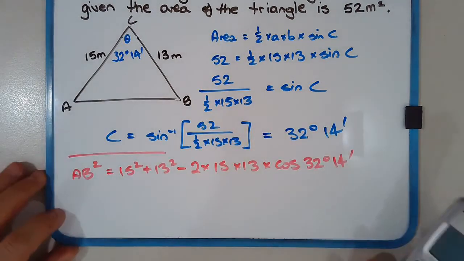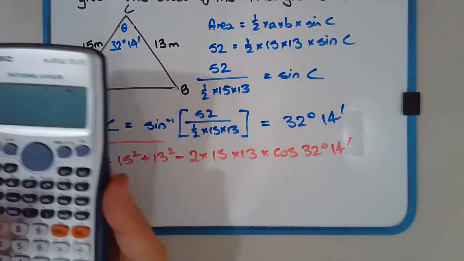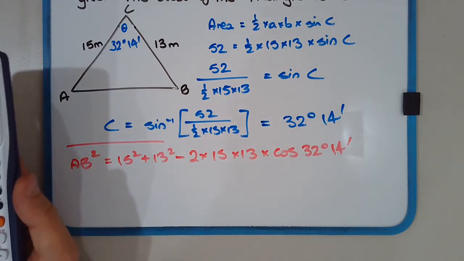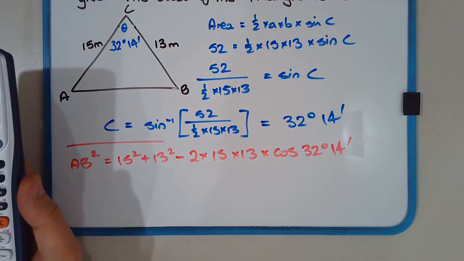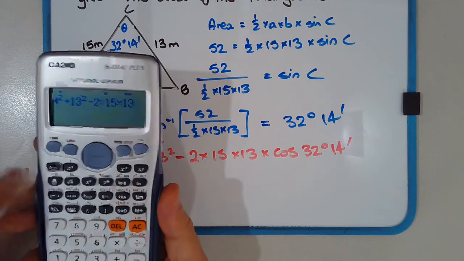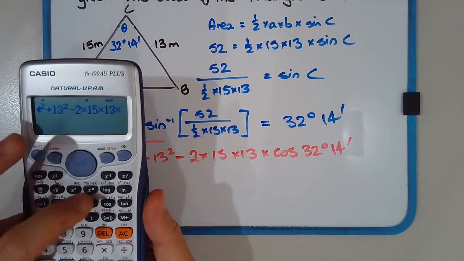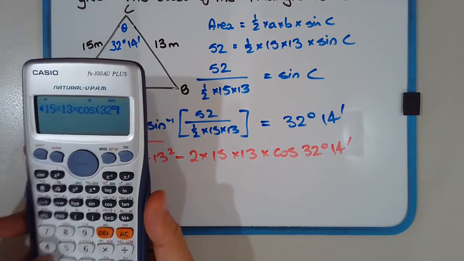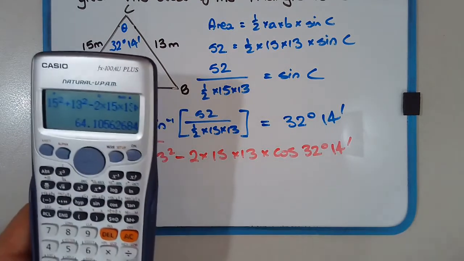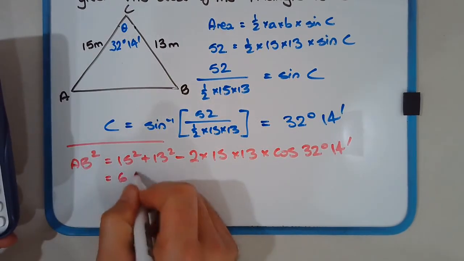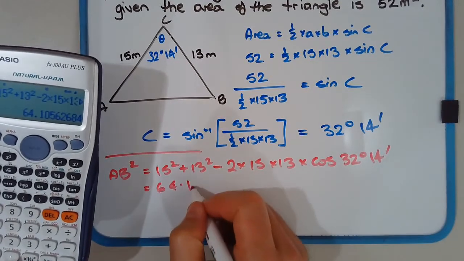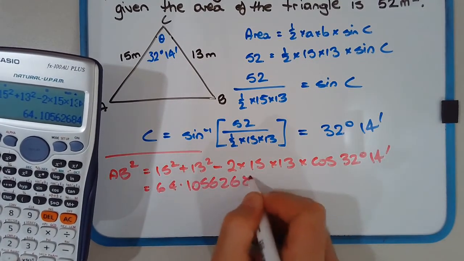I might have to squash some of the working out here a little bit, but that's okay. The main thing is that you get the idea, and that's really the purpose of this example. I'm probably going to run out of space anyway. 2 times 15 times 13 multiplied by cos of 32 degrees, 14 minutes, which is 64.10562684.